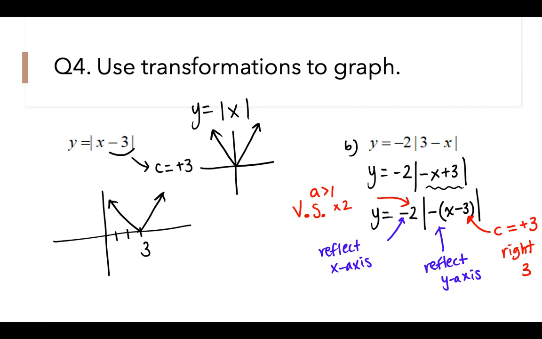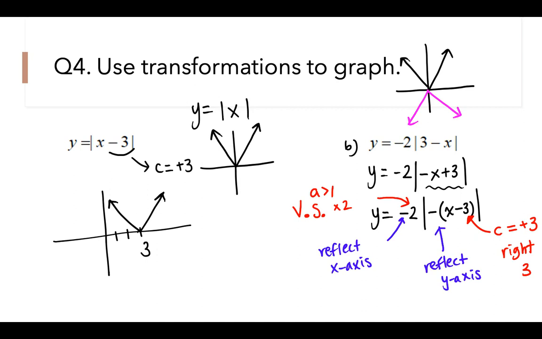So let's try it. So we are given the original function. From the original, we're going to reflect through the x-axis and reflect through the y-axis, which is exactly the same because it's symmetrical.